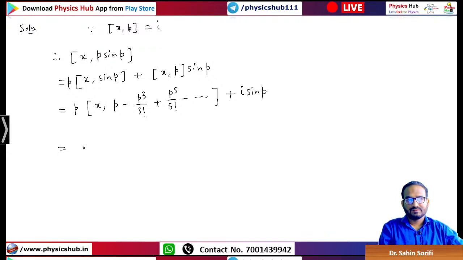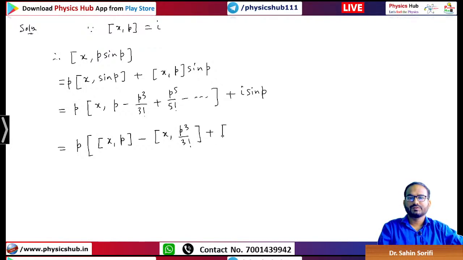So this is equal to p times, you can write, [x, p] minus [x, p] cubed by 3 factorial plus [x, p] to the power 5 by 5 factorial and so on, plus iħ sin p.